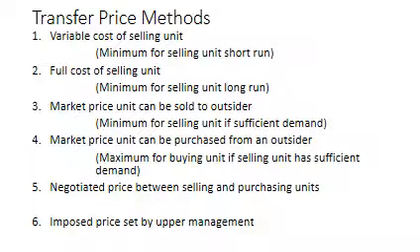If the market price, so if the unit can be sold to an outsider, so if there is demand that the product actually can be sold to the outside, the selling unit isn't going to accept something less than the sales price.